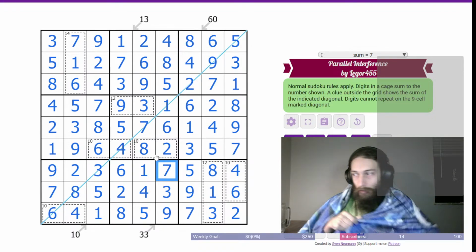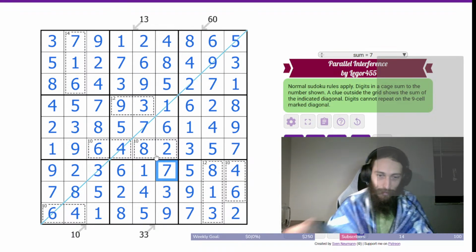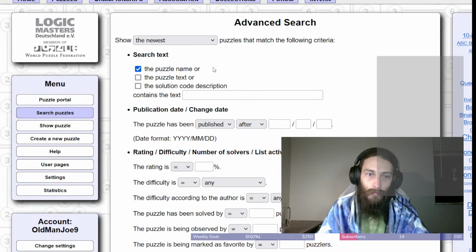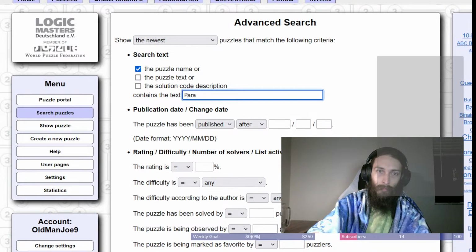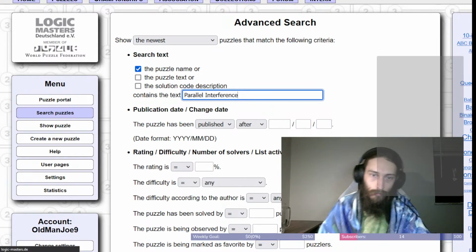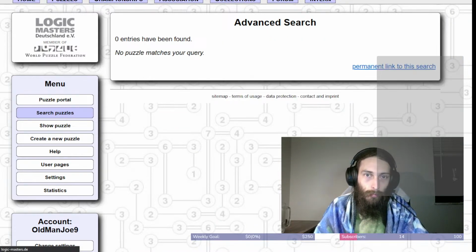Move that blanket around. Alright. Parallel interference. Did I spell it correctly?